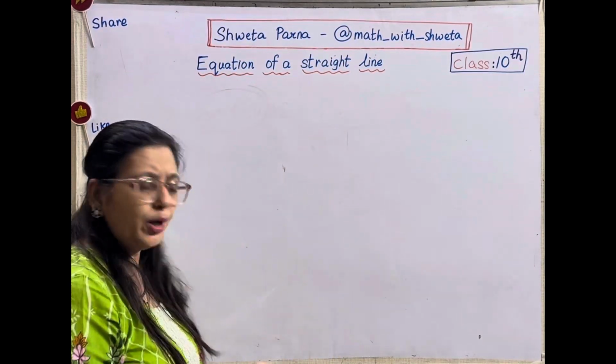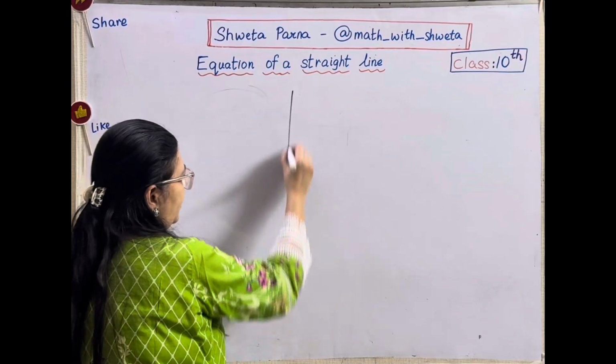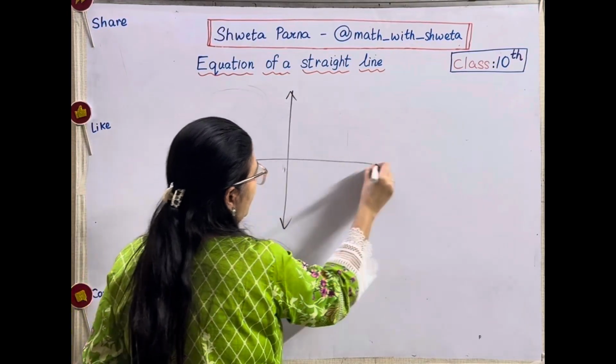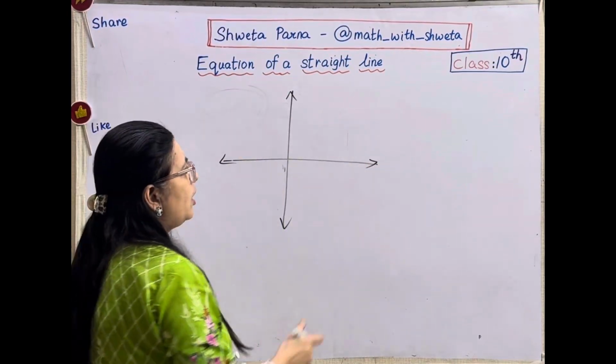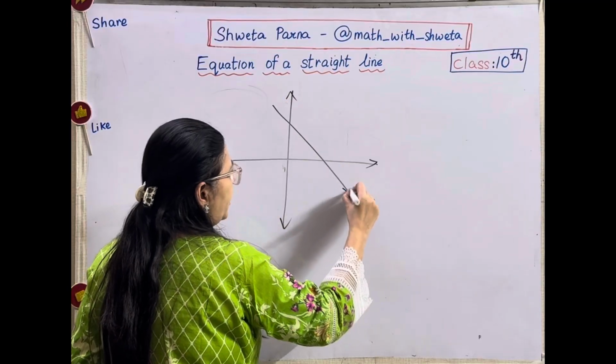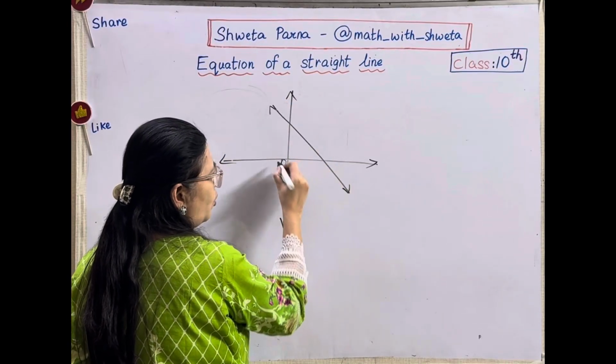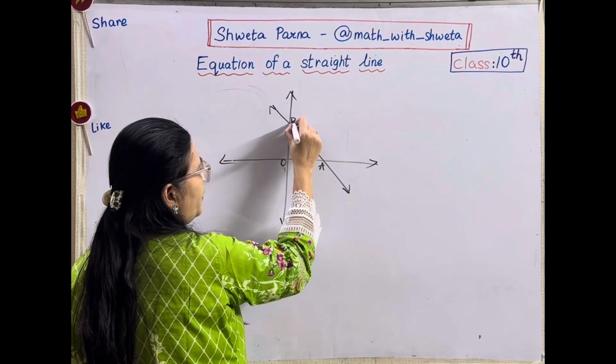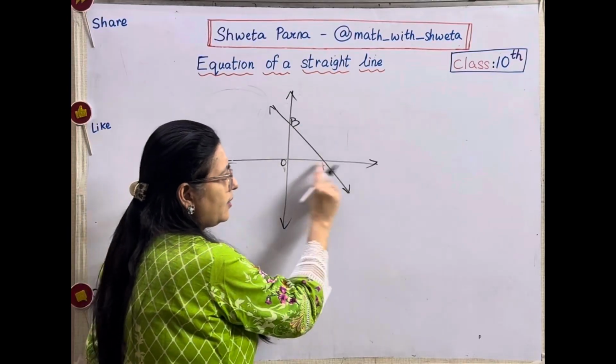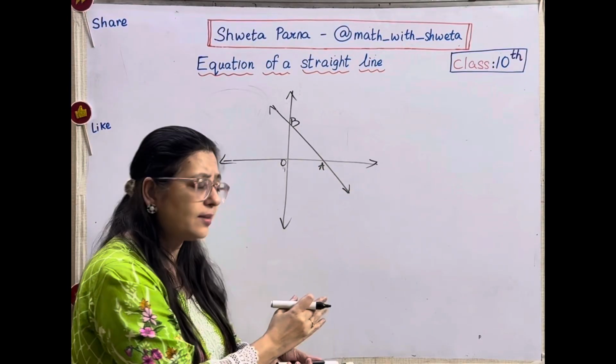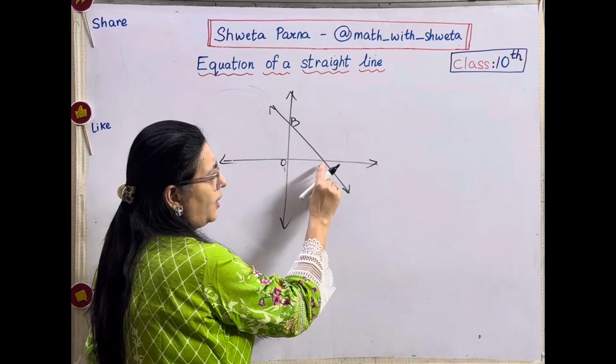Then we come to intercepts. What do you mean by intercept? Say, this is the graph given. Now, this is the origin, this is A, this is B. If a line intersects, it means it cuts the x-axis at a point.